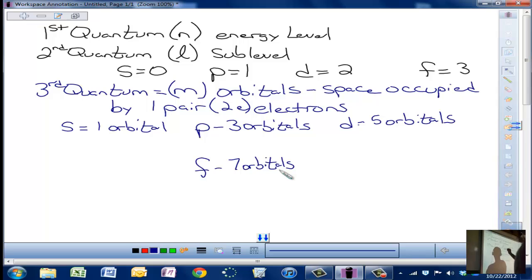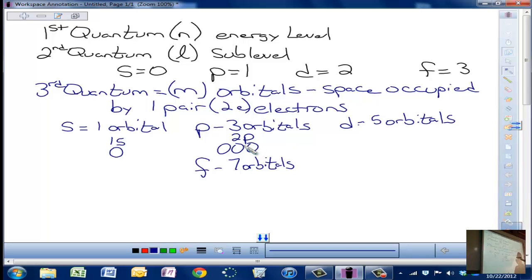So what we're saying is this. If I was talking about the 1s, and we're going to be talking about some orbital diagrams, I would draw 1 circle underneath. If I was talking about a 2p, I would draw 3 circles underneath.